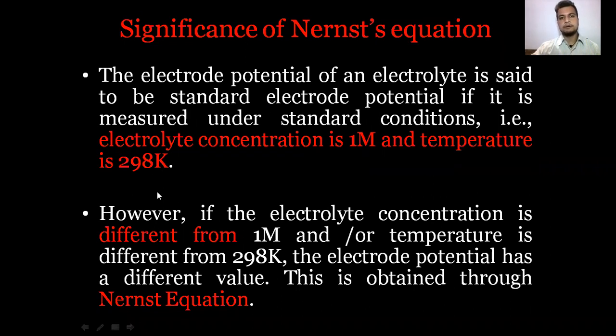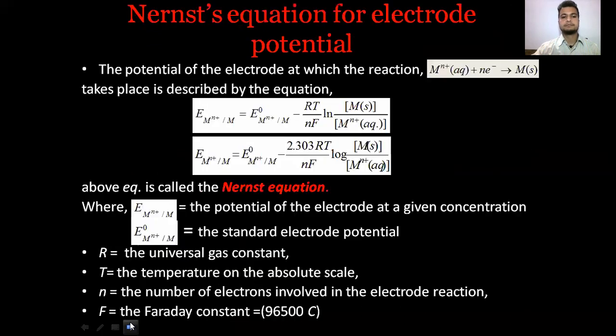However, if the electrolyte concentration is different from 1 molar or the temperature is different from 298 Kelvin, what will happen in such cases? The electrode potential has a different value. So in such cases, we use Nernst equation. Now what is this Nernst equation? That is what we'll be trying to find out next.